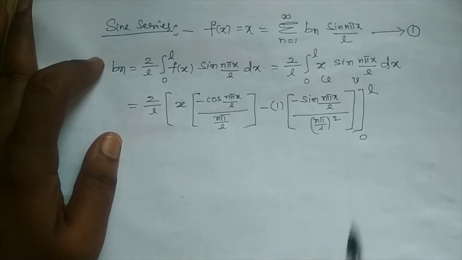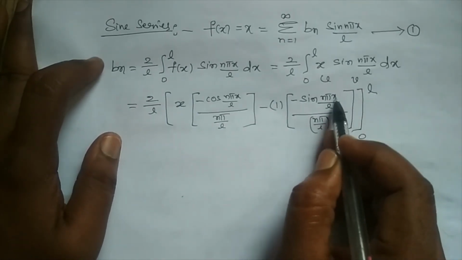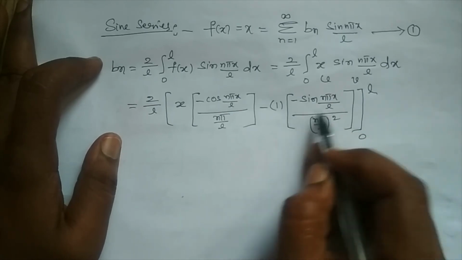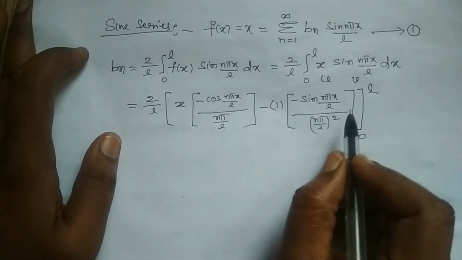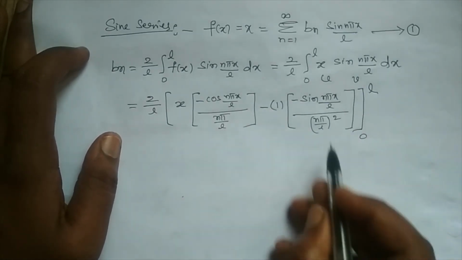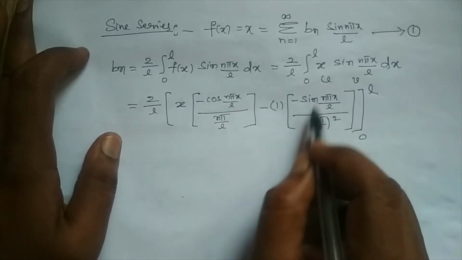So again I am neglecting the same term because L is replaced by x. L gets cancelled, it will become sin n pi. Sin n pi is always 0 for all n is equal to 0, 1, 2, 3 and so on. So that's why I can neglect this term.